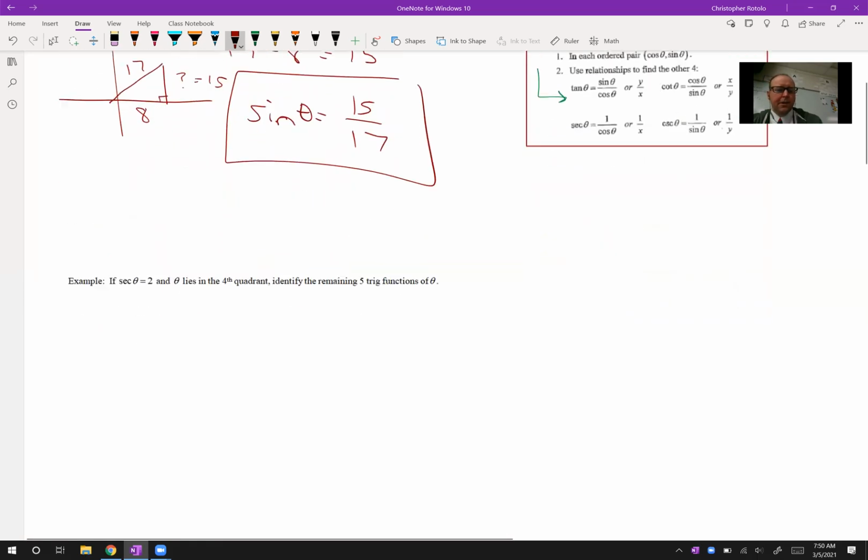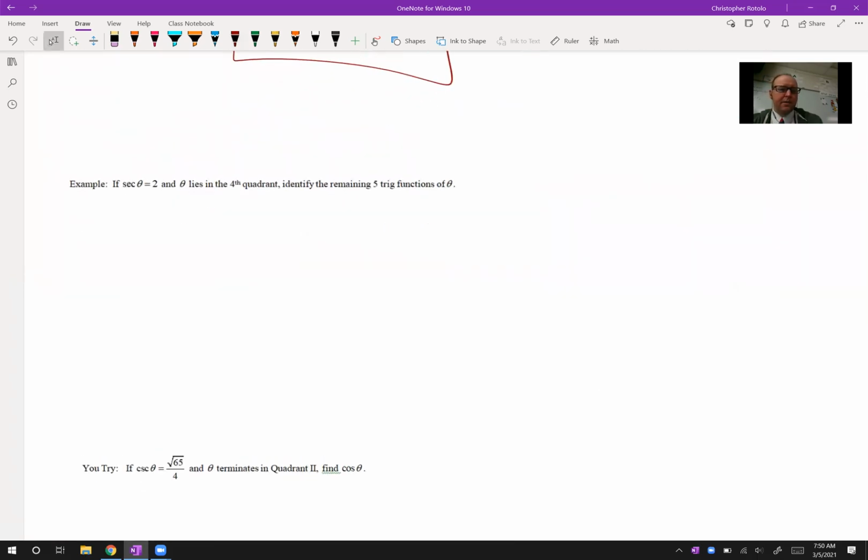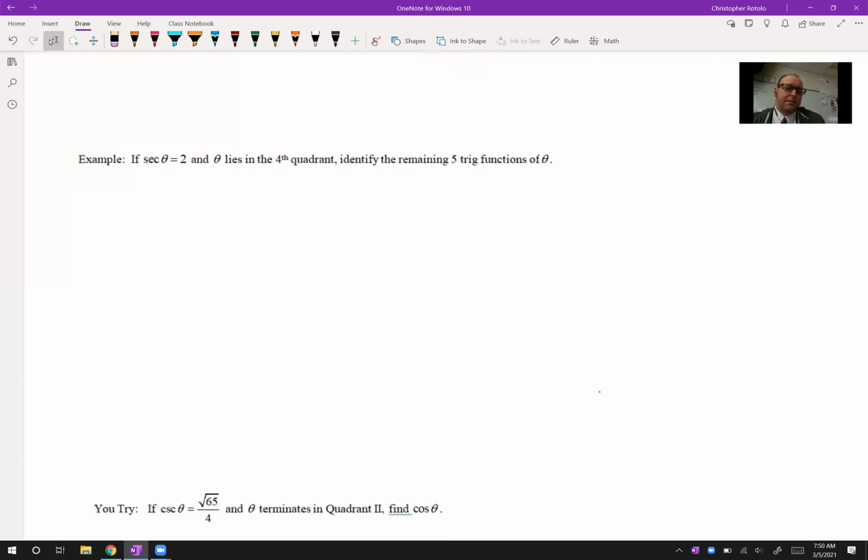All right, let's take a look at the next one. Secant of theta equals 2, and we're in the fourth quadrant, so we want to identify the 5 remaining trig functions. Okay, so here we go. Let's figure out what's going on here as we think about it.